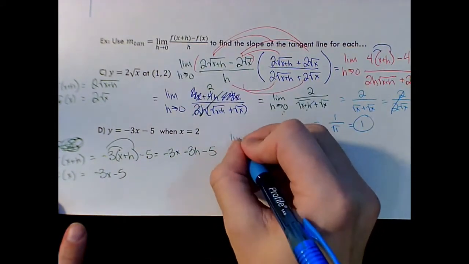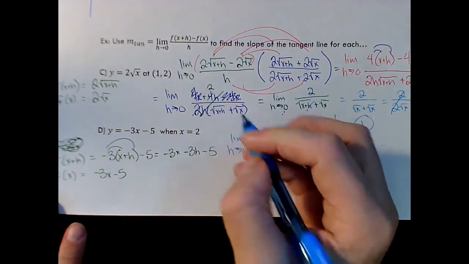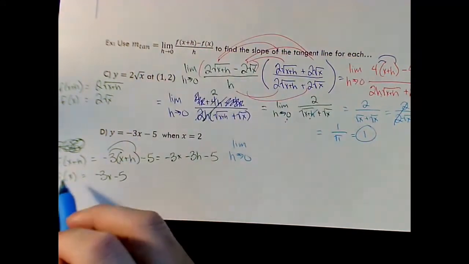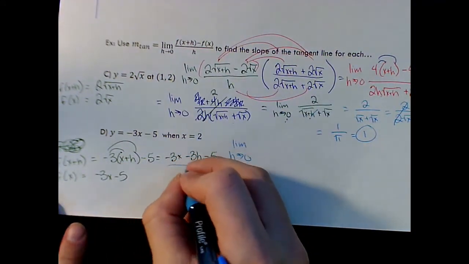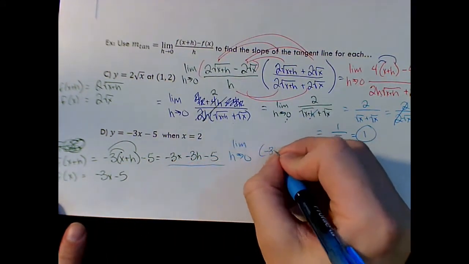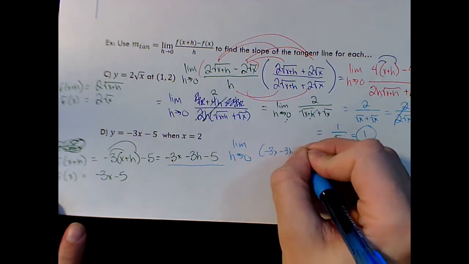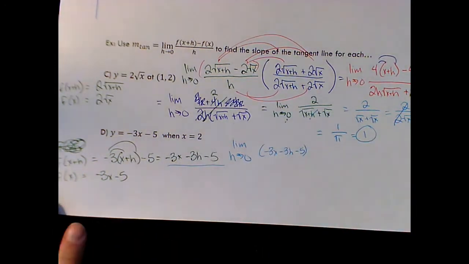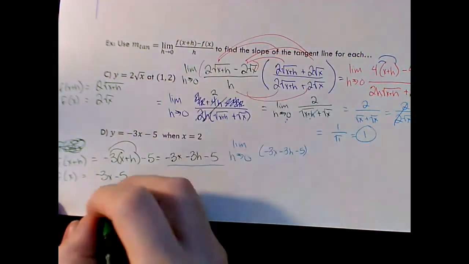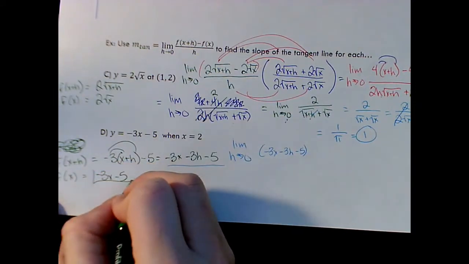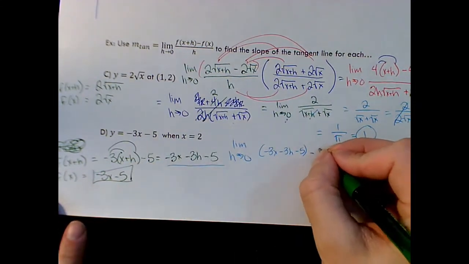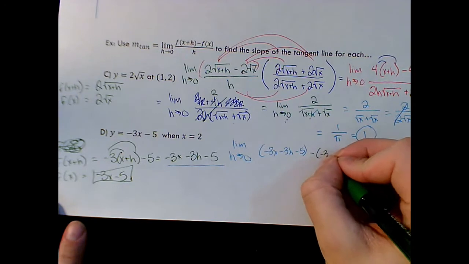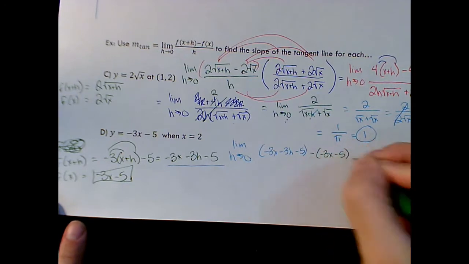My limit as h approaches 0 of f of x plus h is the same thing as me saying negative 3x in parentheses minus 3h minus 5. Now I'm going to subtract f of x, which I absolutely must remember I can't forget the parentheses. Otherwise, it's going to fall apart on me.